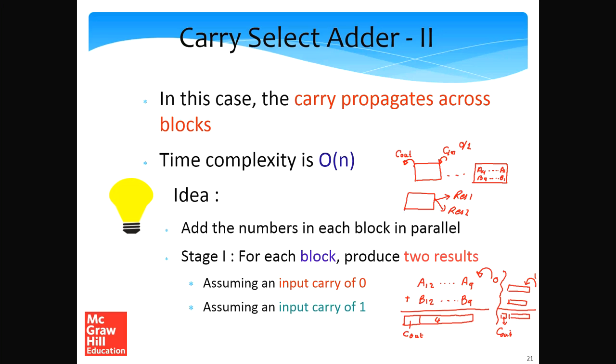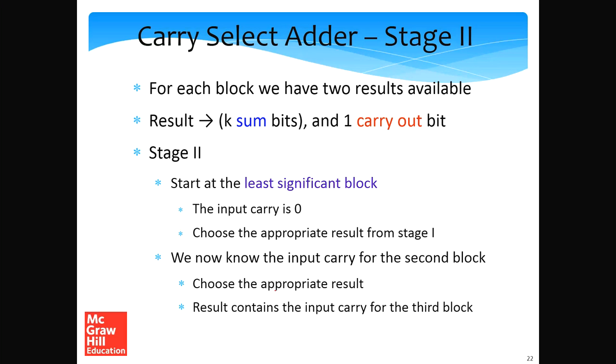Alright, so what we can do is that for each block we produce 2 results. We assume an input carry of 0 into the block, so we produce 1 result, and we produce one more result by assuming an input carry of 1. Both of these, since it's in hardware, can happen in parallel. So assume that we are adding two 32-bit numbers and we have blocks of size 4, so we'll have essentially 8 pairs for 8 blocks.